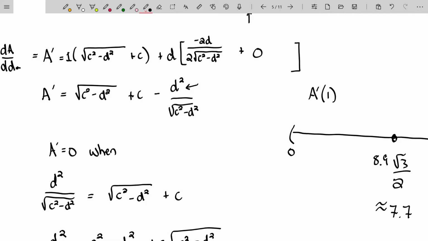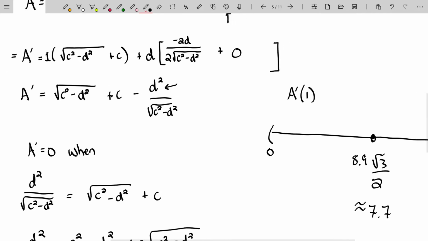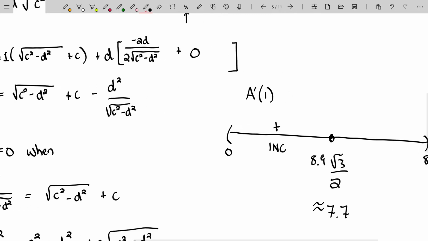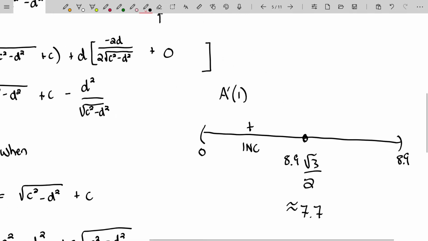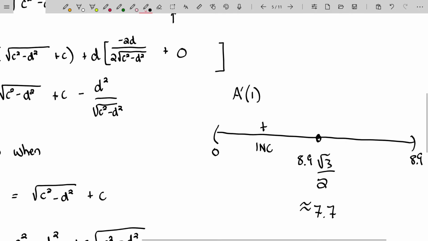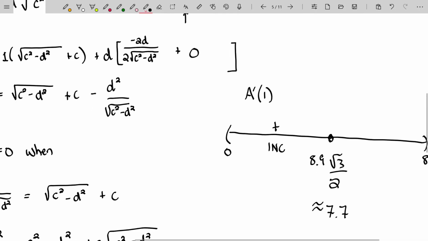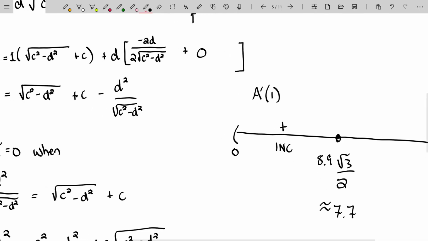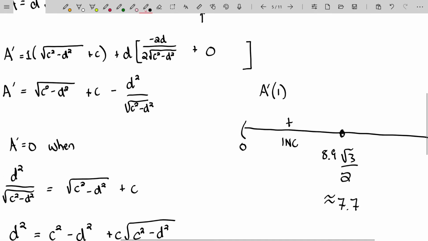I'm going to say 1 over that square root is very small, so that's positive. And so our function is increasing here. Our area is increasing. Now, if you plug in a number greater than 7.7, that's what a critical number is, 7.7.